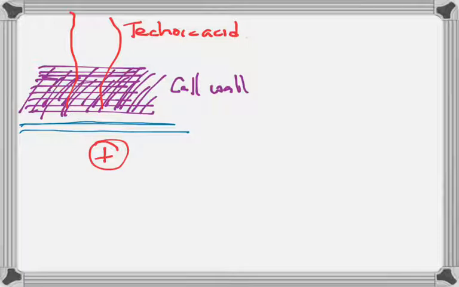Gram-negatives: is there a cell wall? There is a cell wall, but it's thin, maybe 1 to 3 layers thick. What else do gram-negatives have? LPS. Where's that located, Jonah?